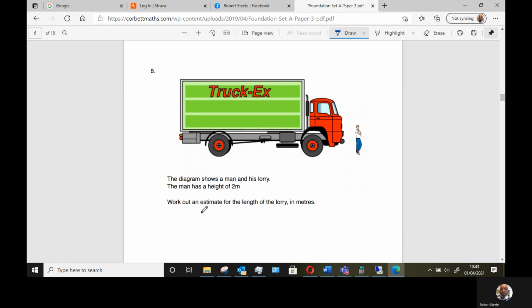Right. When you get this sort of an estimation question, what I'm suggesting is, take your ruler and measure that.